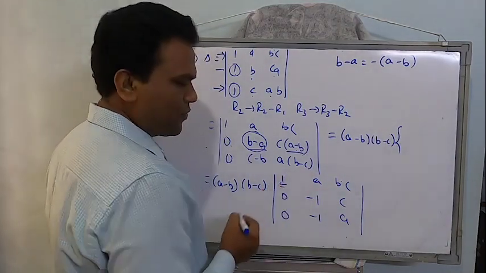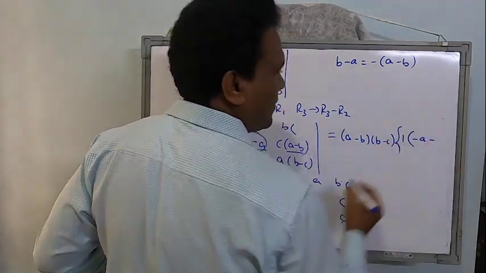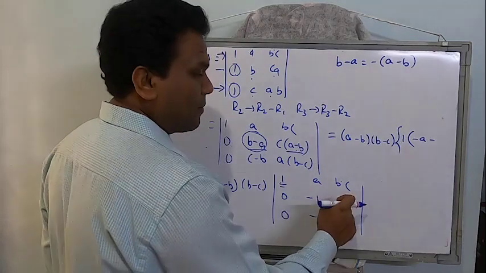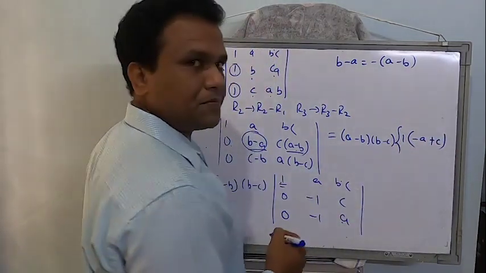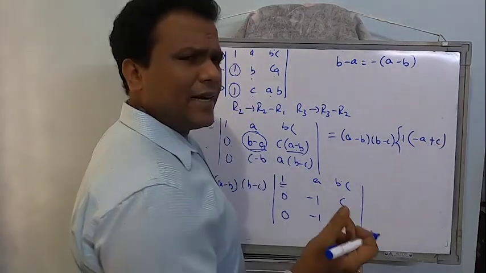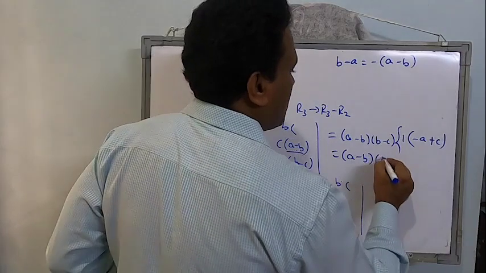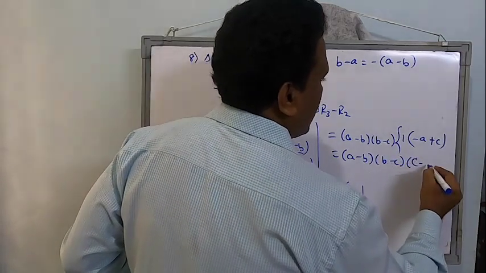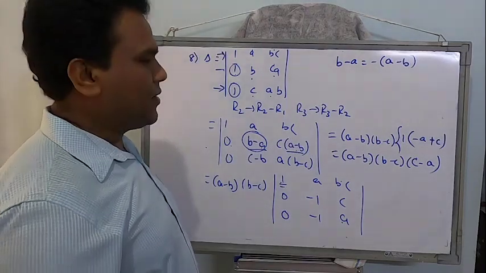So it's 1 multiplied by the left diagonal minus the right diagonal. When I multiply these two, minus c, I already have a minus sign, so plus c. The last element, arranged, can be written as c minus a. So this will be a minus b multiplied by b minus c multiplied by c minus a. That's how we have to evaluate the problem.